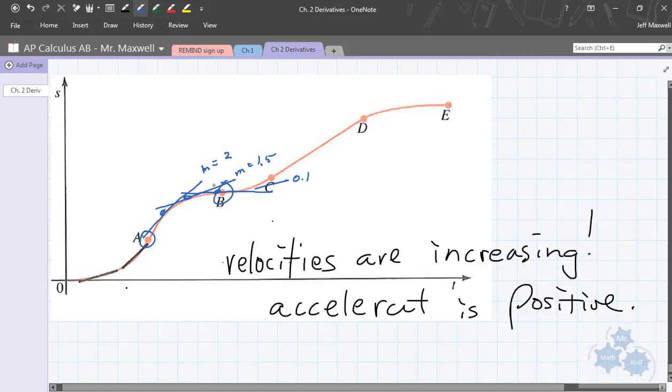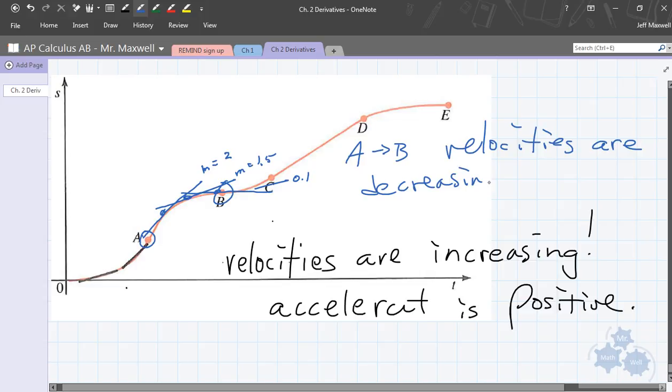So from A to B, what's happening to the acceleration? The acceleration is negative. This particle is slowing down. So from A to B, velocities are decreasing. Therefore, it's negative acceleration, which means that the particle is slowing down. Okay?